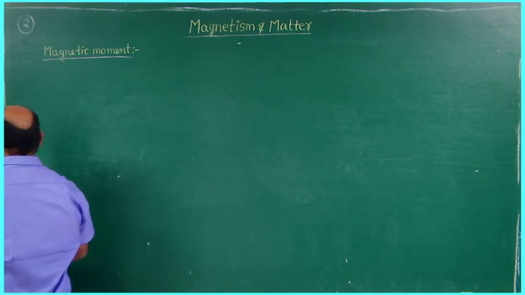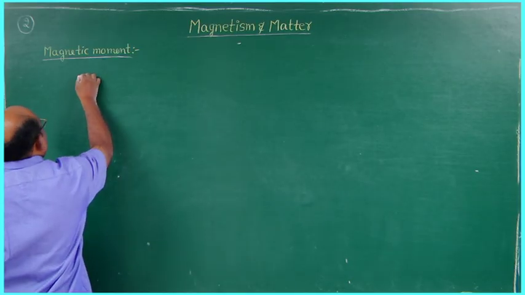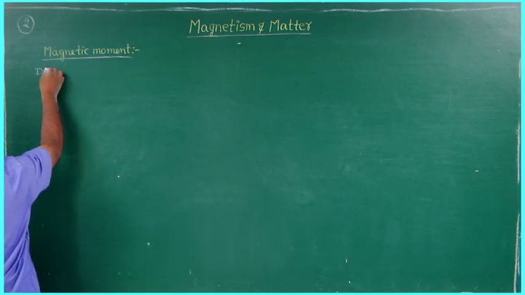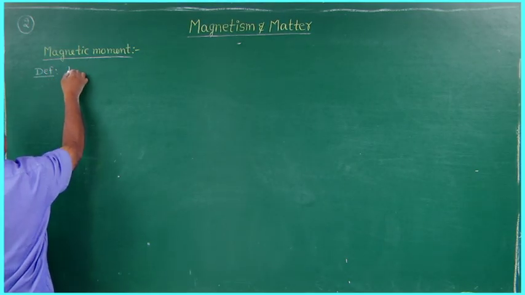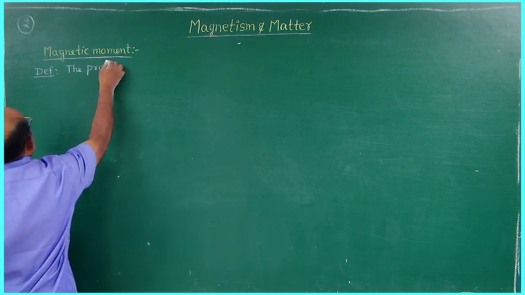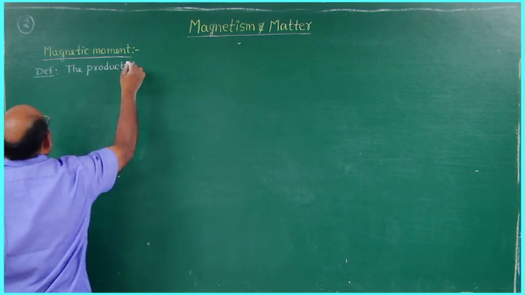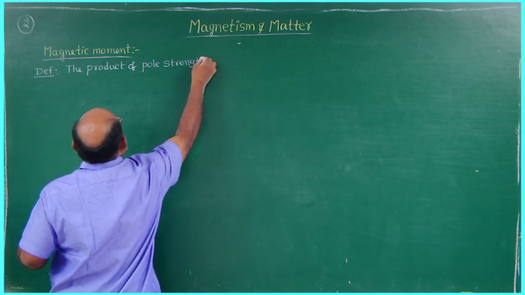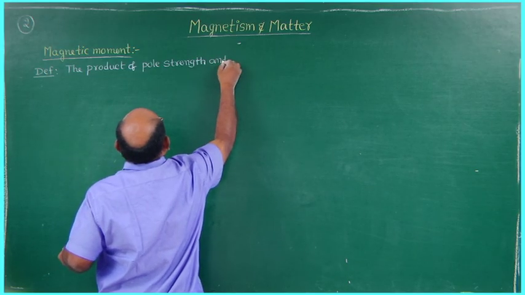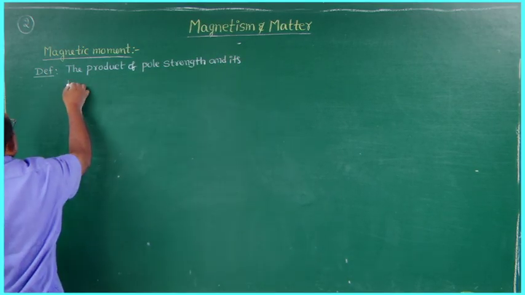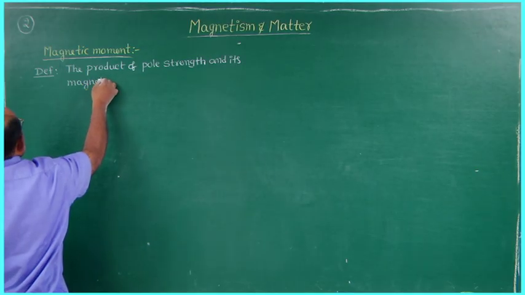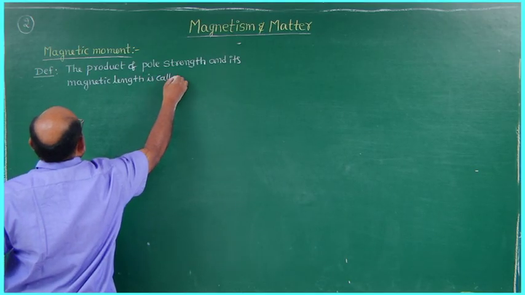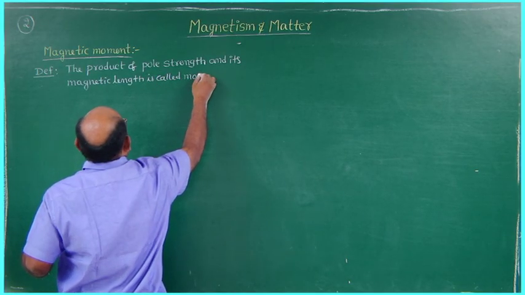So what is the magnetic moment? See, this is the bar magnet. First let me give the definition. The product of pole strength and its magnetic length is called magnetic moment.